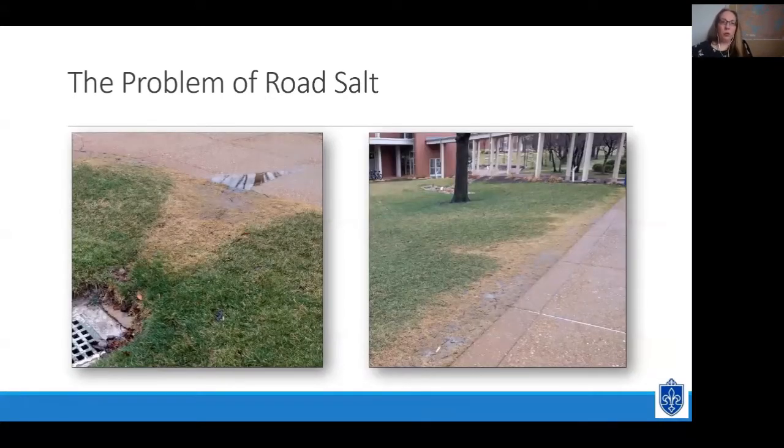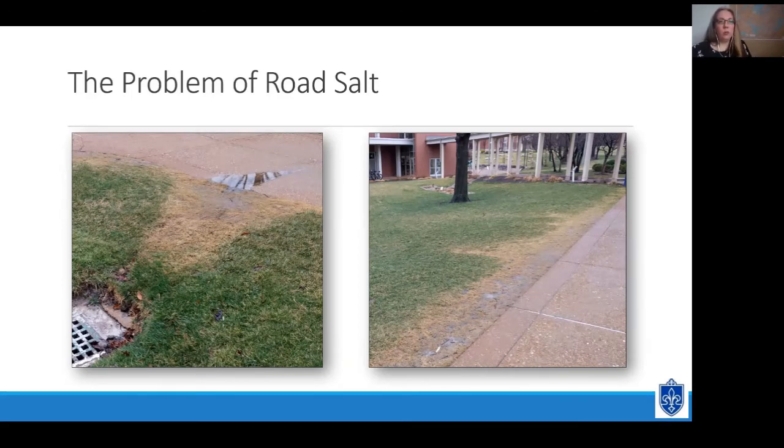So the salt that's on the road dissolves, and that salty water may travel from impervious paved surfaces like sidewalks, parking lots, and roads into areas where there's vegetation. Salt at these concentrated levels is toxic to many plants, including grass and street trees. This is also a concern in places where plant-based stormwater solutions like rain gardens have been implemented, because this is also toxic to most of those plants.